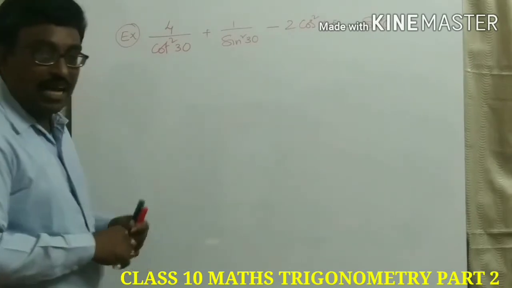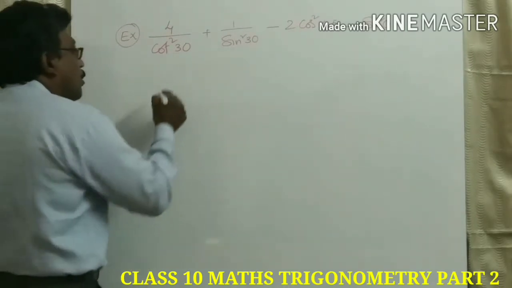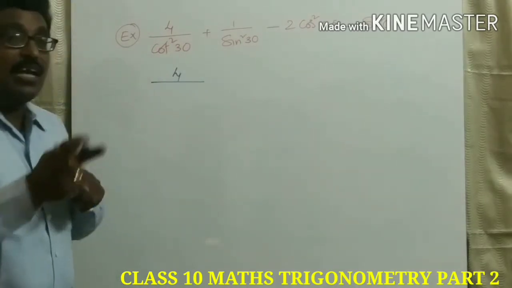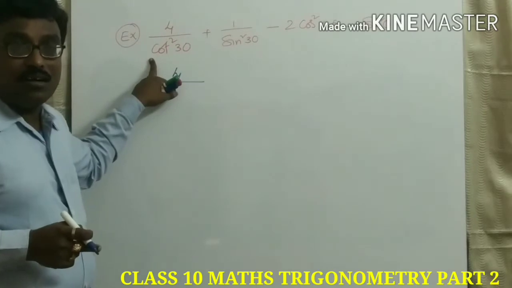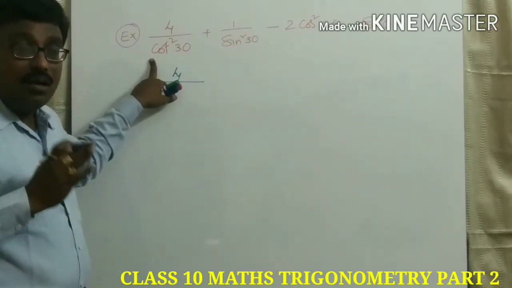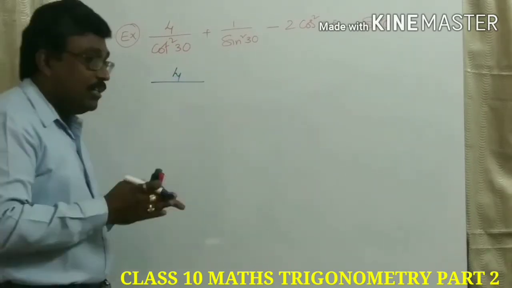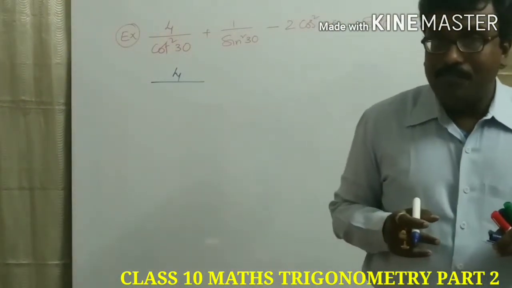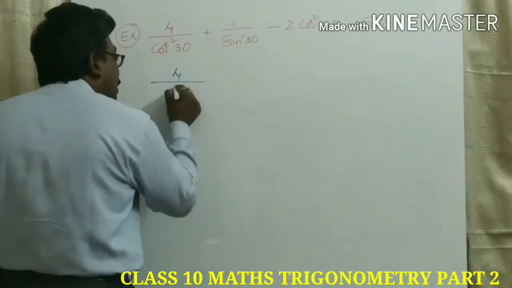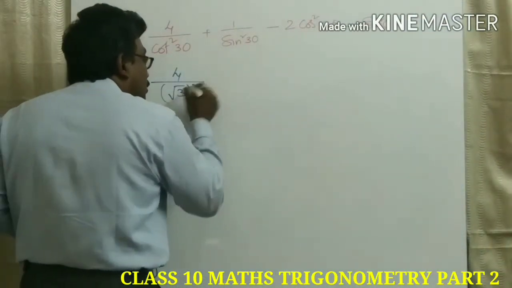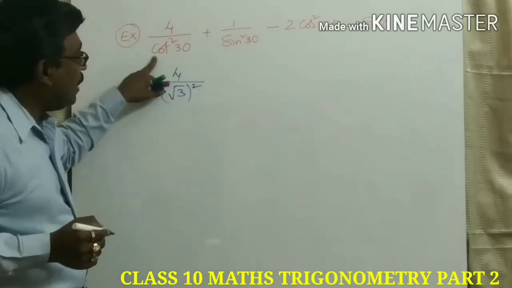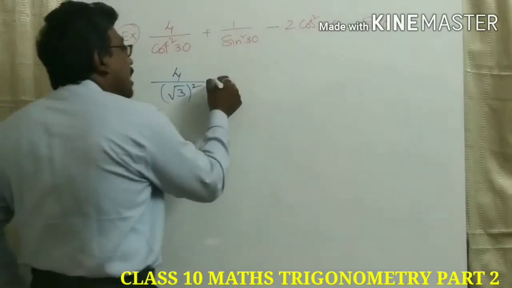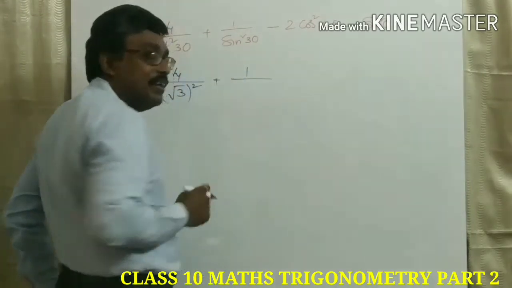I am taking one example. Now 4 by cot 30, whole square, plus 1 by sin 30.